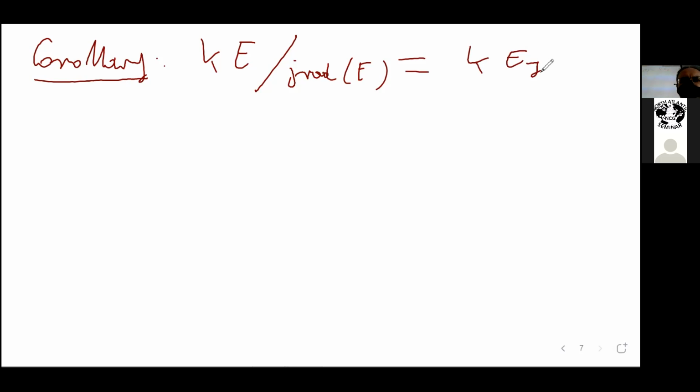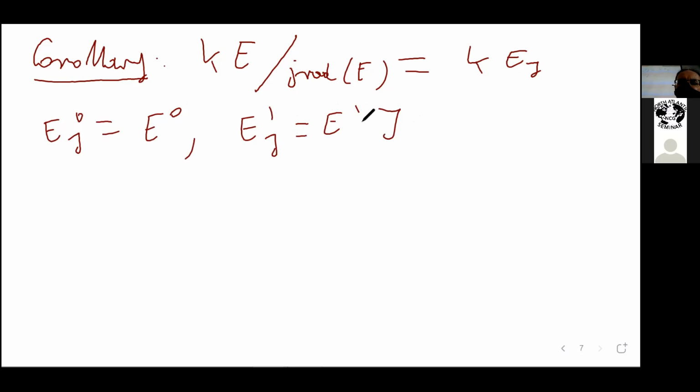Well, we defined it before. I don't want to do it again. So basically, I remove the Jacobson edges. I have EJ0 equal to E0, so I keep the vertices alone. I don't change them. But now EJ1 is simply E1 less the Jacobson subset.